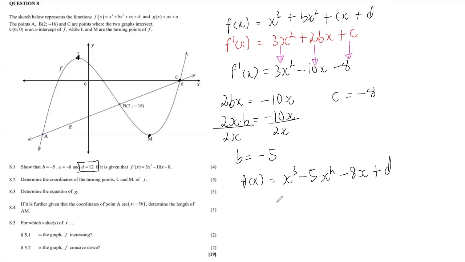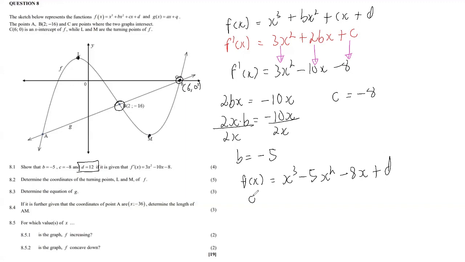You will note that we do have the coordinates for B, and also the coordinates for C. So it is just a matter of which coordinates we would like to use to find our value for d. Let's use (6; 0).